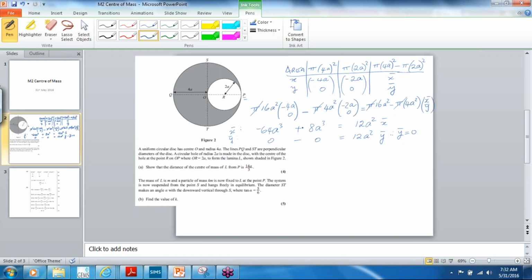And here we've got negative 56a cubed. Negative 56a cubed equals 12a squared x bar.